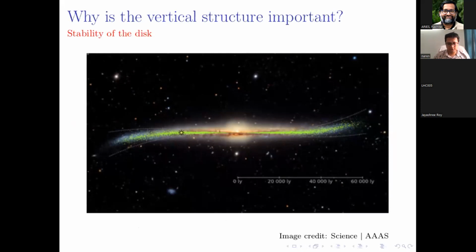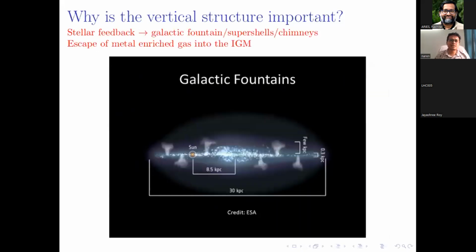That is one important aspect which is crucial in terms of dynamical evolution of galaxies and in terms of star formation as well. Then the second aspect is how effective the stellar feedback processes would be in terms of polluting the circumgalactic medium or the intergalactic medium which surrounds a galaxy.